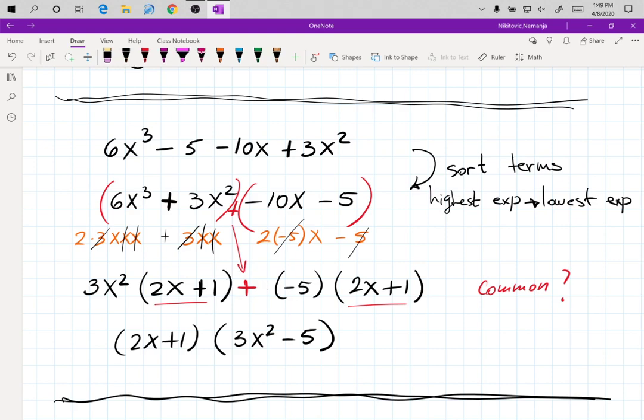And now we ask what's common for the second two. And if you take a look, they both have a negative 5. That's why negative 5 is factored. And then the leftovers of 2x plus 1 go into the next one. Now you're going to say, well, wait, why is it plus 1? Well, remember, it's negative 5 that got pulled. So this negative belongs to the 5 over here.